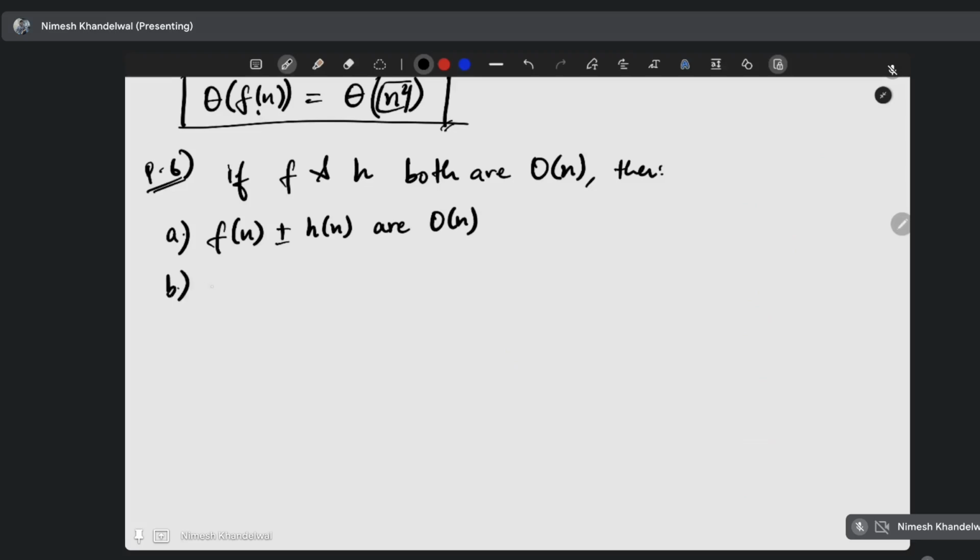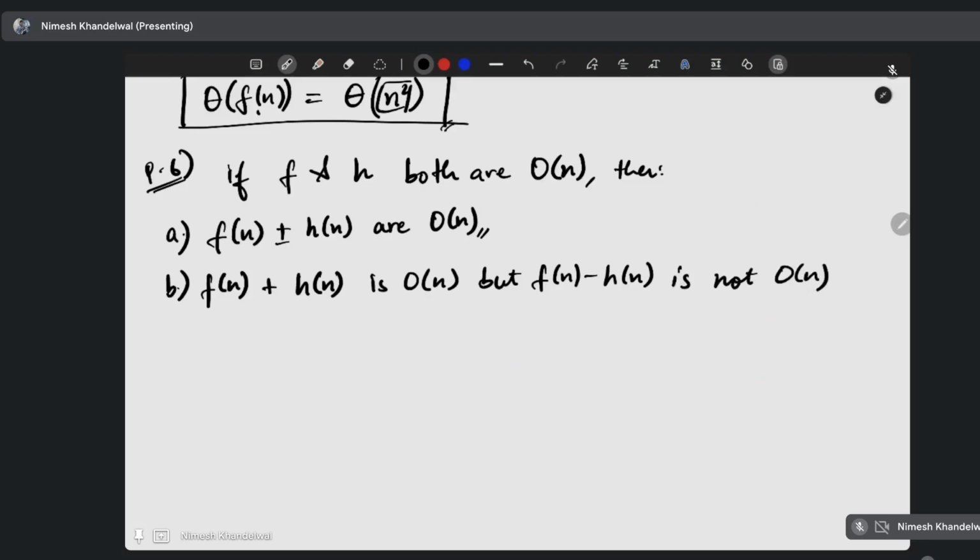So if we add the two functions or we subtract the two functions, does the time complexity of the resulting function still remain O of n? Or, if we add, then it is O of n, but the subtraction is not O of n.